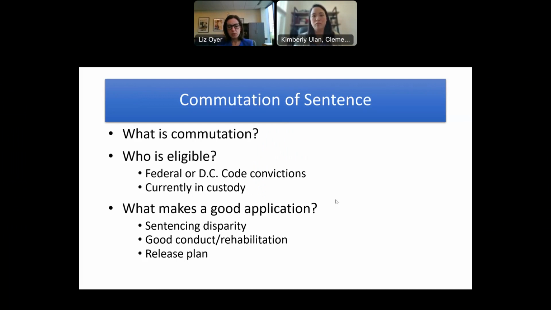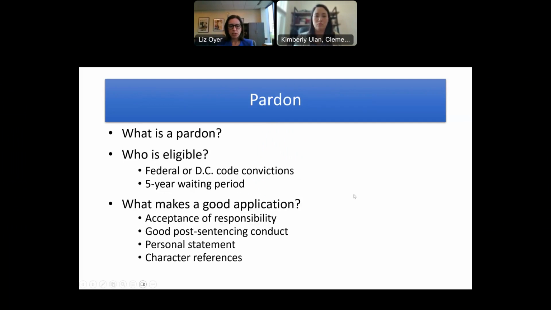The pardon application process is a little bit different because, as I mentioned, pardons are generally issued to people who have already completed serving their sentence and have returned to the community. And they're essentially an acknowledgement that you've been rehabilitated and you deserve forgiveness from the crime that you were convicted of. To be eligible for a pardon, again, you have to have been convicted either under federal law or under the DC code.